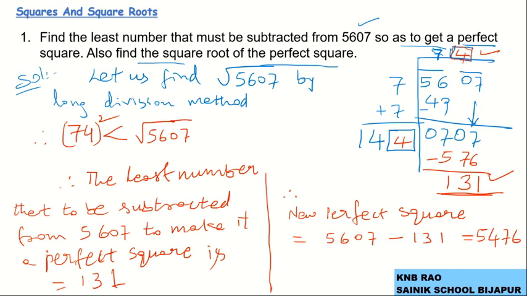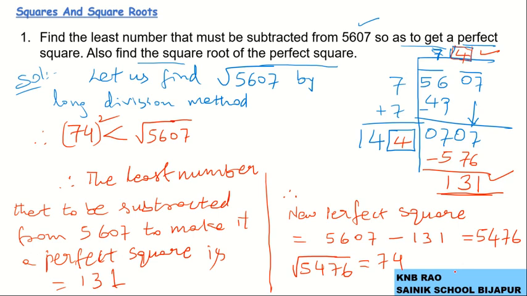So, therefore, the square root of 5476 is 74. So, this is how we solve.